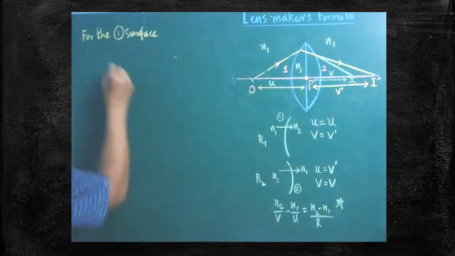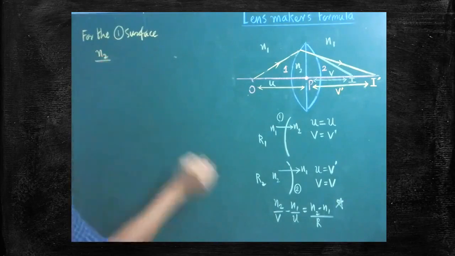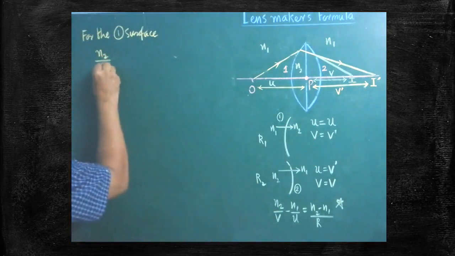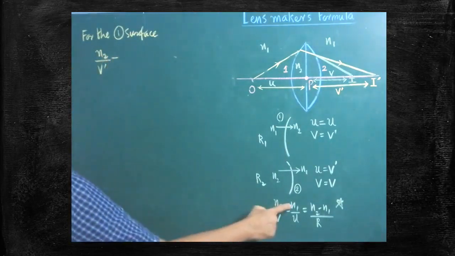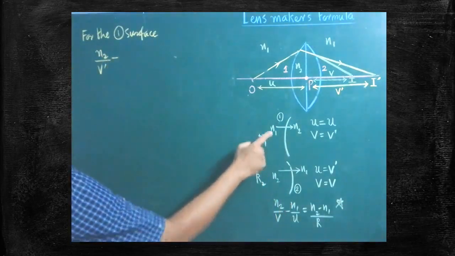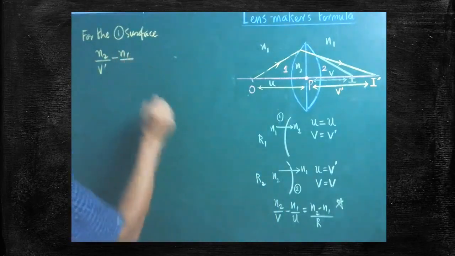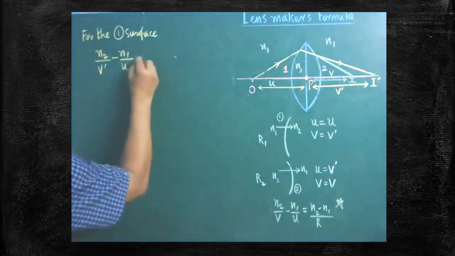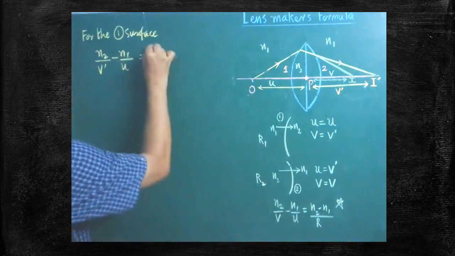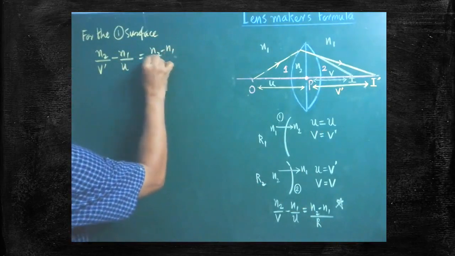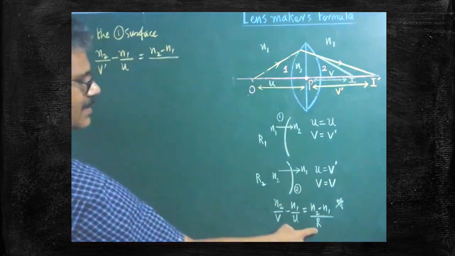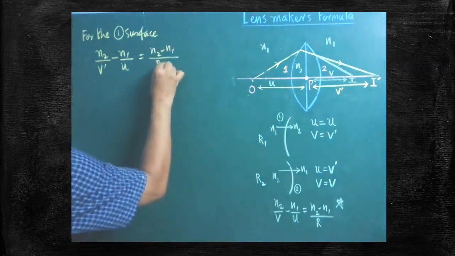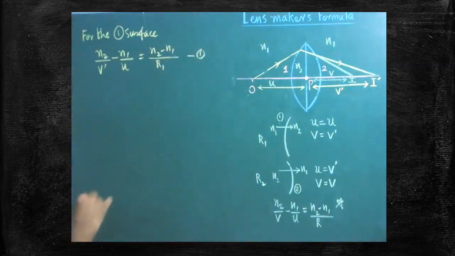Here V is the image distance, which is V dash, minus N1, the first medium, N1 divided by U. Object distance is U, no change at all. As usual, N2 minus N1 whole divided by R, the radius of curvature. For the first surface, the radius of curvature is R1. This is called equation number 1.